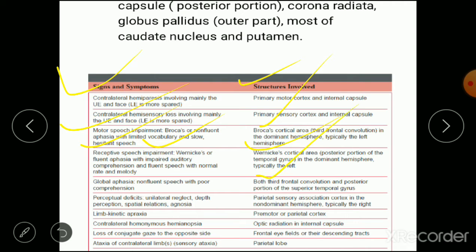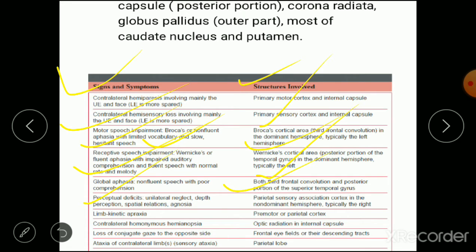Then fourth, if Wernicke's area is affected, that is the posterior portion of the temporal gyrus in the dominant hemisphere, the problem is receptive speech, Wernicke's aphasia is present, also known as fluent aphasia. Then if both the third frontal convolution and the posterior portion of the superior temporal gyrus are affected, global aphasia is present, that is non-fluent speech with poor comprehension.